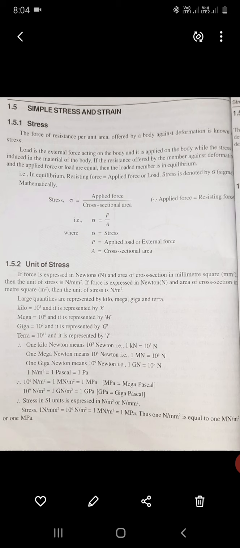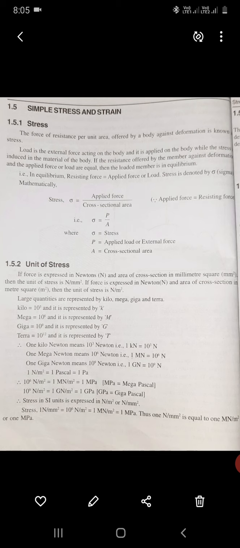The force we denote as P or F. Stress is sigma, A is area. So it's nothing but the force applied. The resisting force or resistance offered by the body to that force, per unit area, is known as stress.